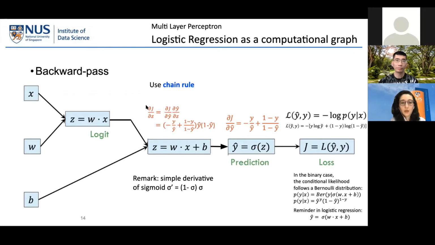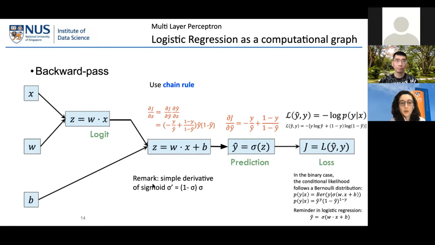So basically you can say that the derivative of J with respect to z corresponds to the derivative of J with respect to y hat multiplied by the derivative of y hat with respect to z, okay? It's a bit like you could simplify the derivative of y hat.